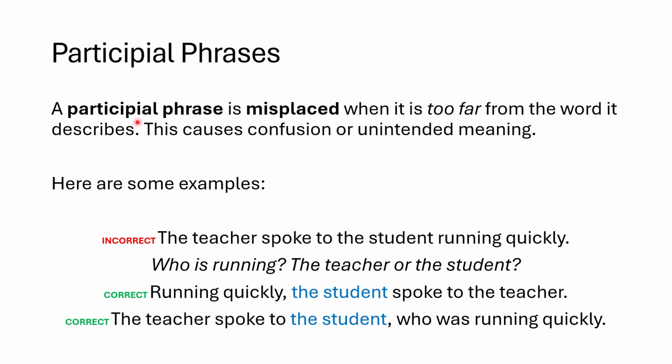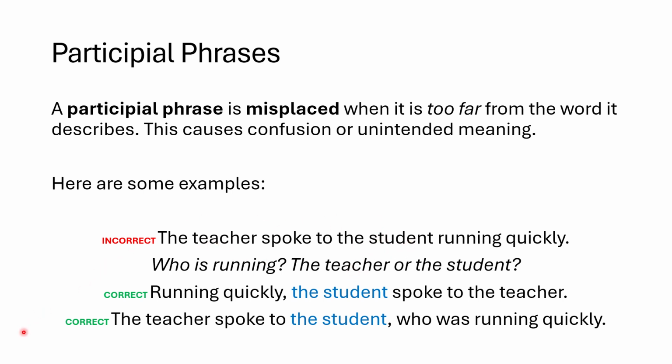A participial phrase is misplaced when it is too far from the word it describes. This causes confusion or unintended meaning. Here are some examples. This sentence is incorrect. The teacher spoke to the student running quickly. Who is running? The teacher or the student?